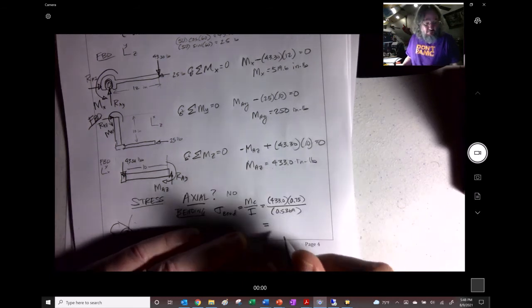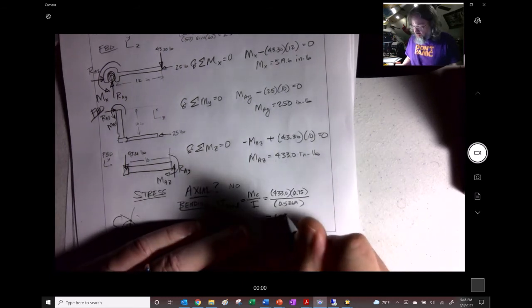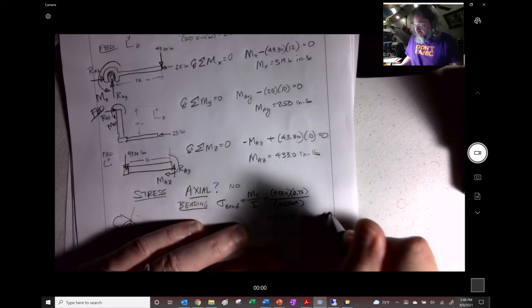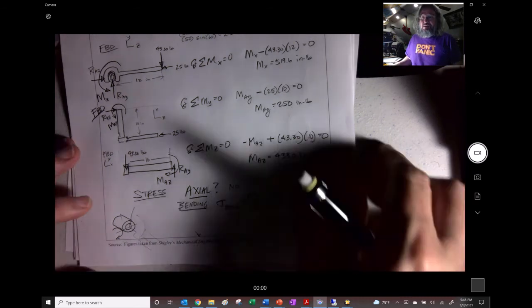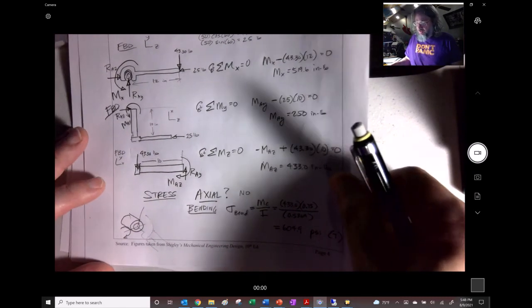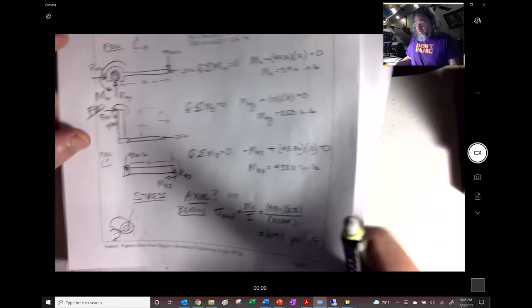What we end up finding is 604.9 psi, and that's tension. We're not dealing with really large numbers. Maybe we should have increased our values, but I was using somebody else's stuff.